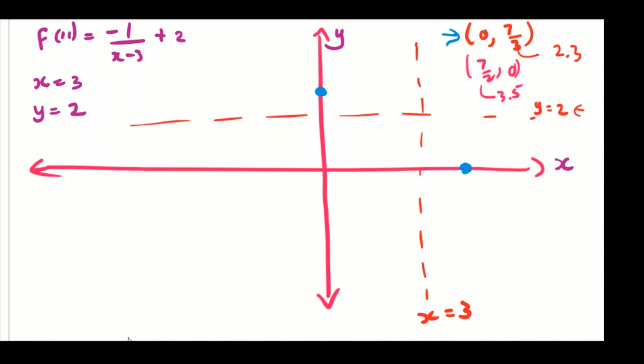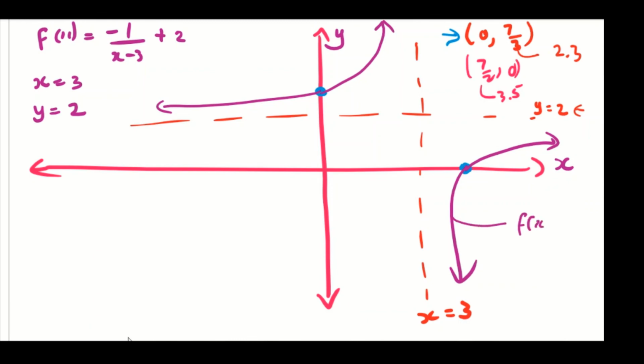And then you draw your graph. So we know very well that one is in the first quadrant, the other is in the second quadrant and the other is in the fourth. So it's going to be something like this and like that. So that is our graph of f(x), right? It looks like this.